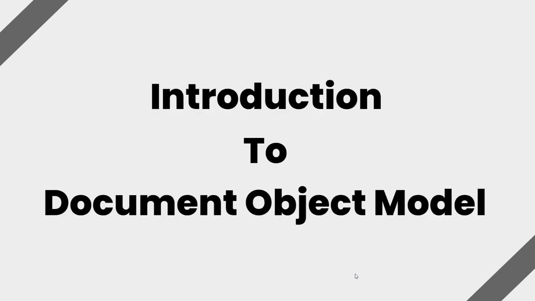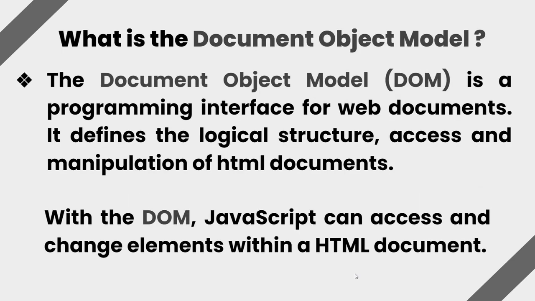For the first section, we have Introduction to the Document Object Model. Now, what is the document object model? The document object model, which is also short for DOM, is a programming interface for web documents.